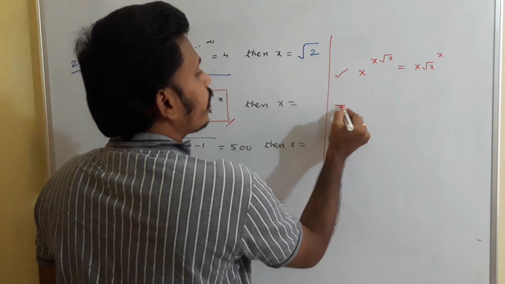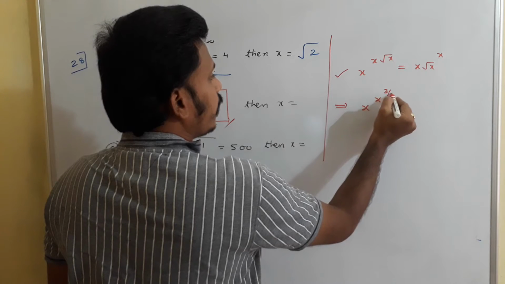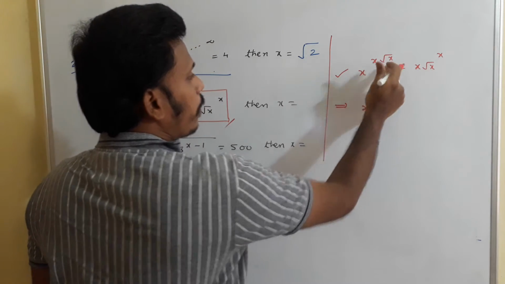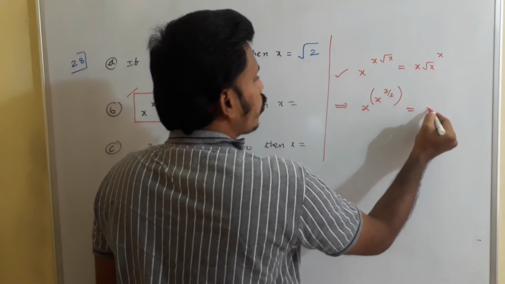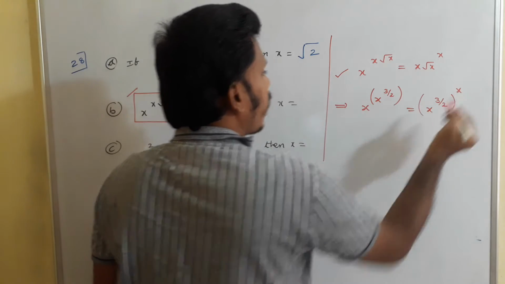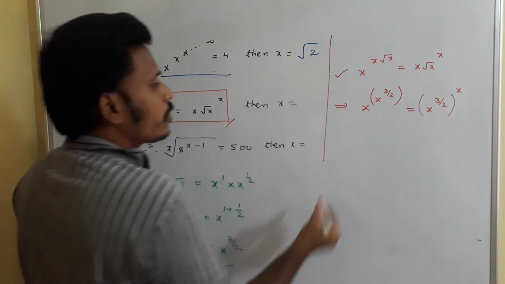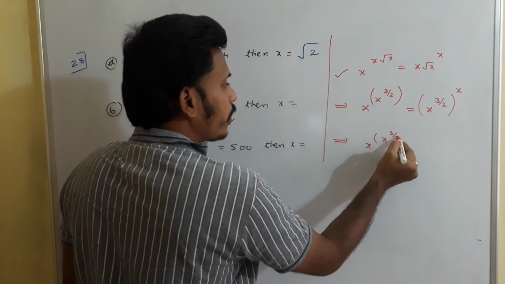Then that implies x power 3 by 2, since the power x root x is x power 3 by 2. And on this side the base is x root x, which means x power 3 by 2 and whole to the power x. Now the left side is written as it is, x power 3 by 2.